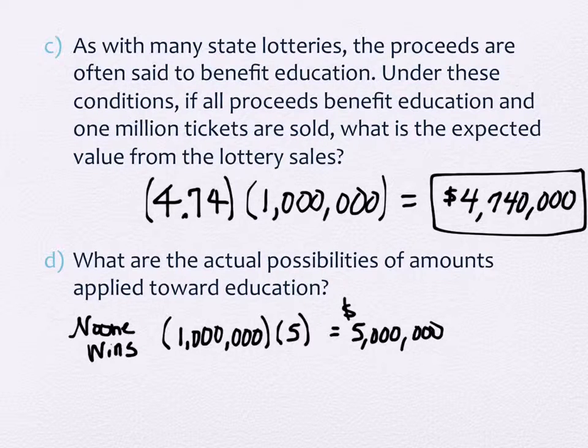The other outcome is that someone does win. If someone wins, they still brought in $5 million of income, correct? But what happens when the person wins? You take away how much they win, which was 14 million.